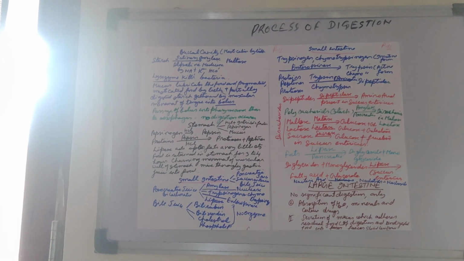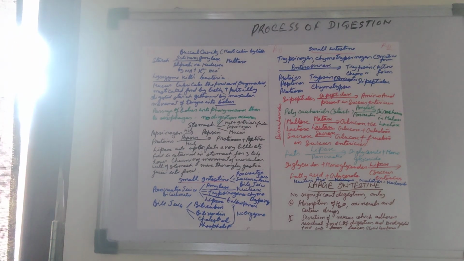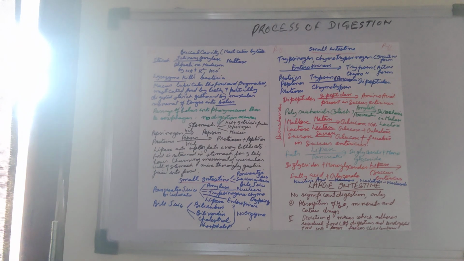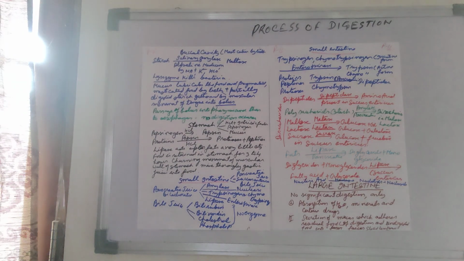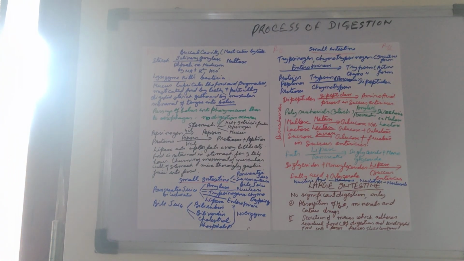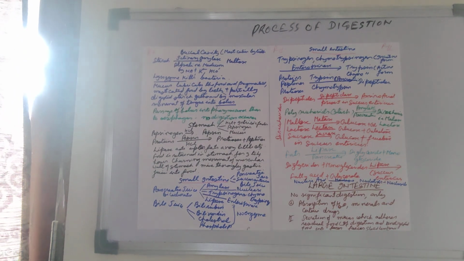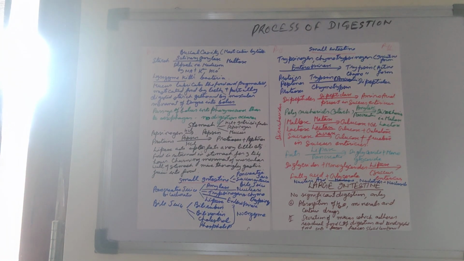First of all, the food is ingested, that is called ingestion, taken inside through the mouth into the buccal cavity. In the buccal cavity, teeth, tongue and salivary glands are present. Teeth help in mastication of the food, that is breaking the food into smaller fragments, and mucus lubricates the food.